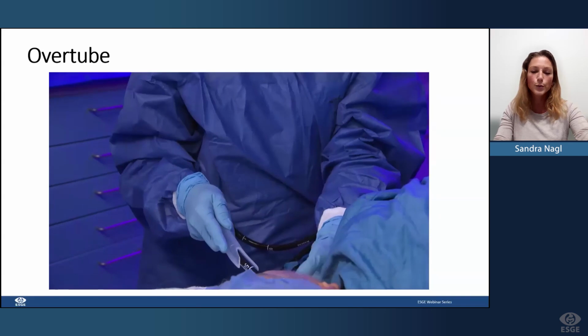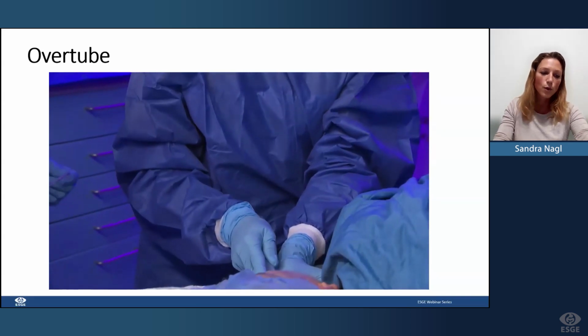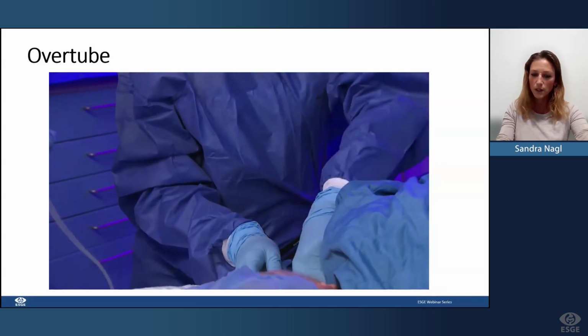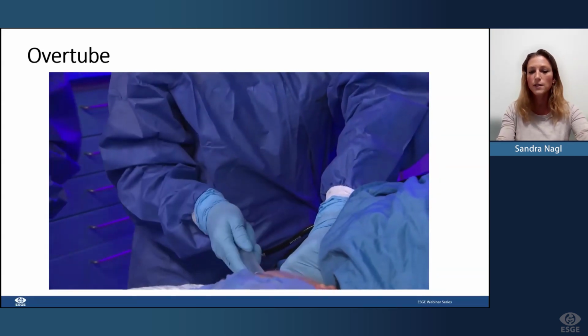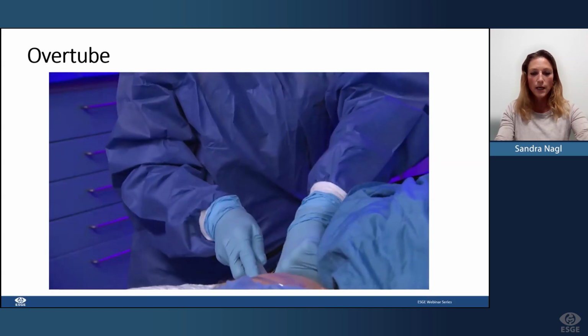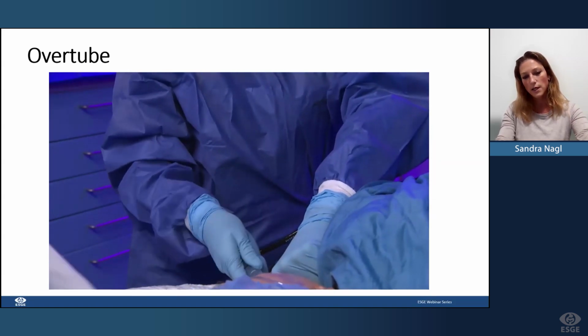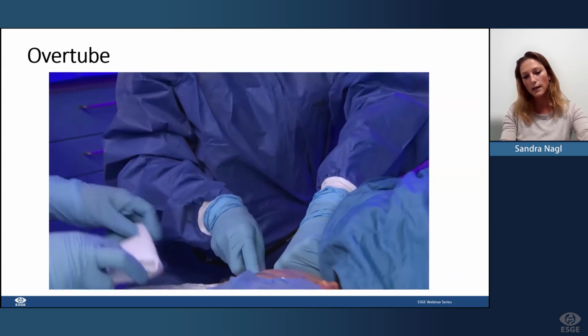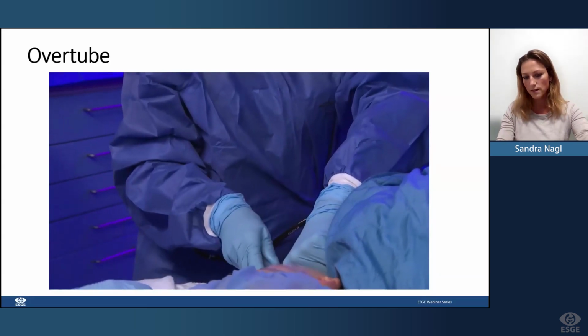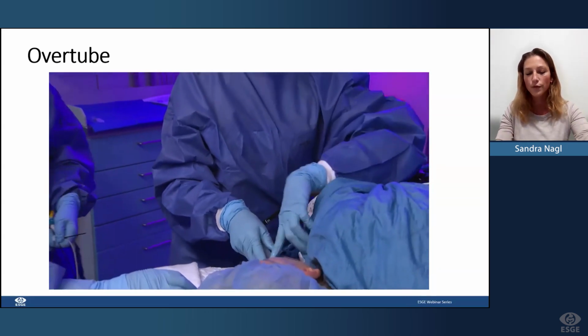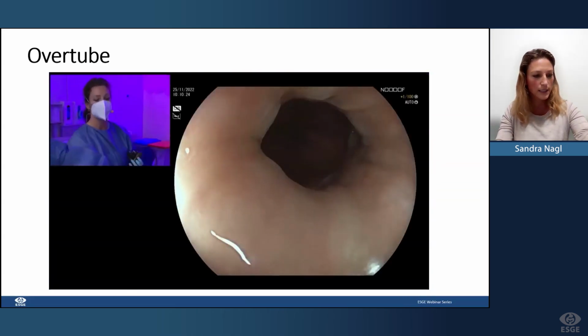Then the overtube is advanced with small controlled movements until you feel some resistance. This is usually the time when the black line of your overtube is at the row of the patient's teeth.